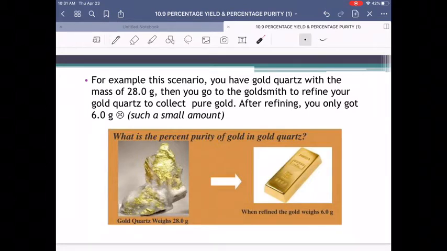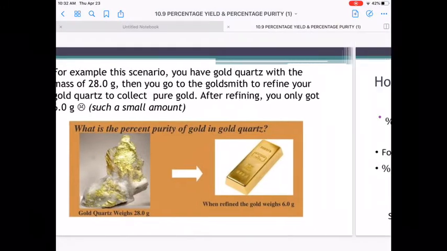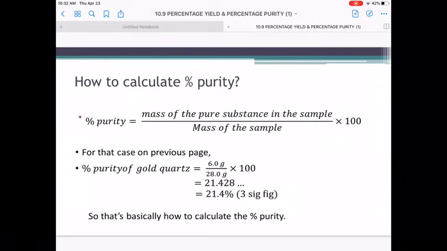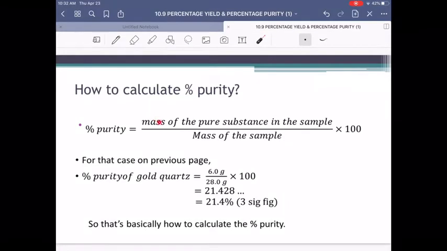So how do we calculate the percentage purity? From 28 grams, it turns out to become 6 grams of pure gold inside this gold quartz. This is the formula which is in your notes already. Percentage purity is equal to the mass of the pure substance in the sample over the mass of the sample, which is the total mass, times 100.